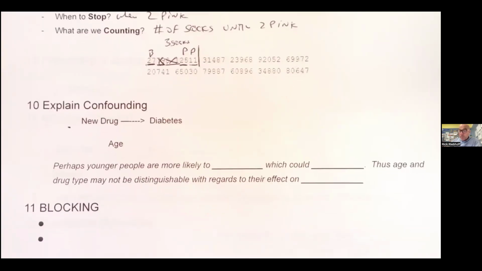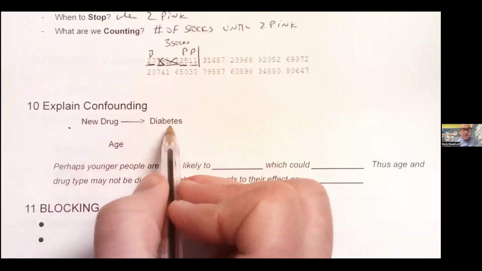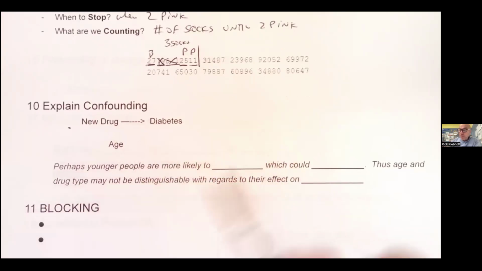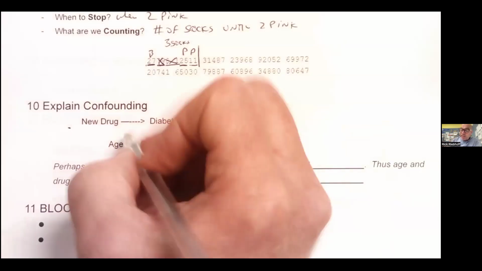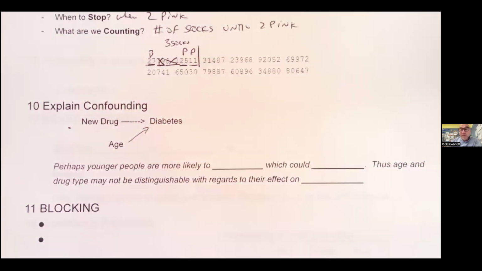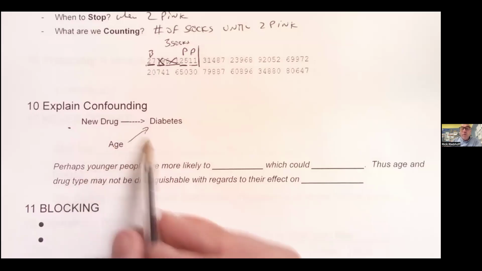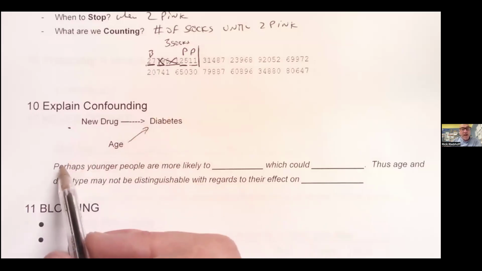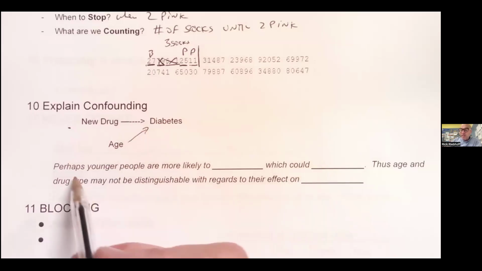Explaining confounding. So a new drug, and how does it affect people who suffer from diabetes? If I'm concerned that age is a factor in diabetes, age could be a confounding variable. And the way I talk about it is important. I need to talk about how it could be confounding rather than just saying age could be a confounding variable. So I'd say something like this.